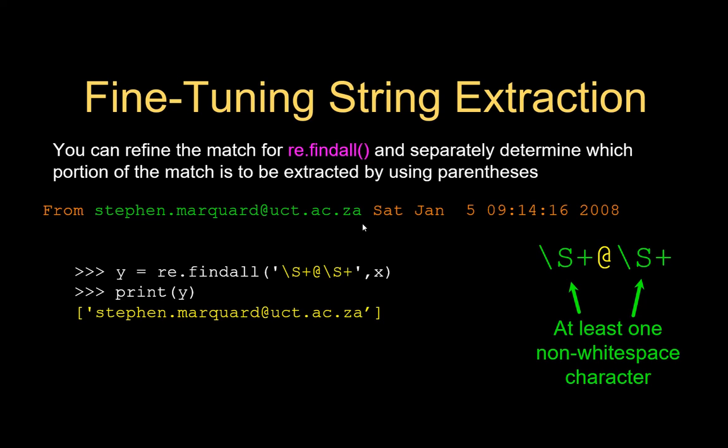The findall function will return the email address. So this is a way to extract an email address which is separated by space from the rest of the characters, and this is how we can extract that email address from this specific file.